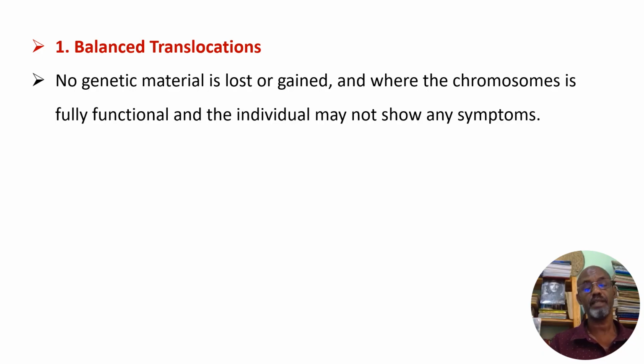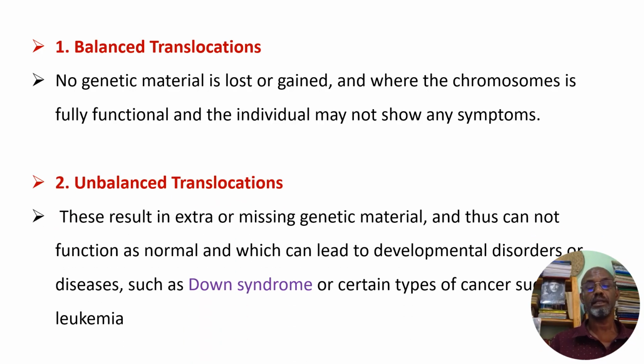Unbalanced results in extra or missing genetic material, and thus can't function as normal, which can lead to developmental disorders or diseases, such as Down syndrome. Certain types of cancer, such as leukemia or blood cancer, can be caused by such unbalanced translocations.